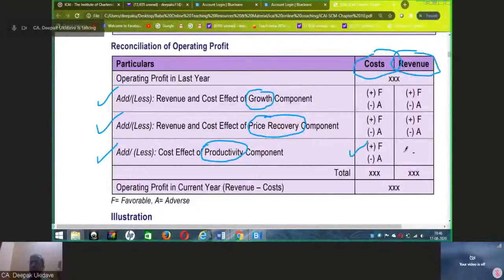Productivity is not in terms of revenue, so we are not taking productivity in terms of revenue effect. It is only cost effect. Finally, you should arrive at the net effect of cost and the net effect of revenue, and the net effect, revenue minus cost, and get the operating profit in the current year. So we start with operating profit of last year and work out operating profit of the current year. This is called the profit reconciliation statement.